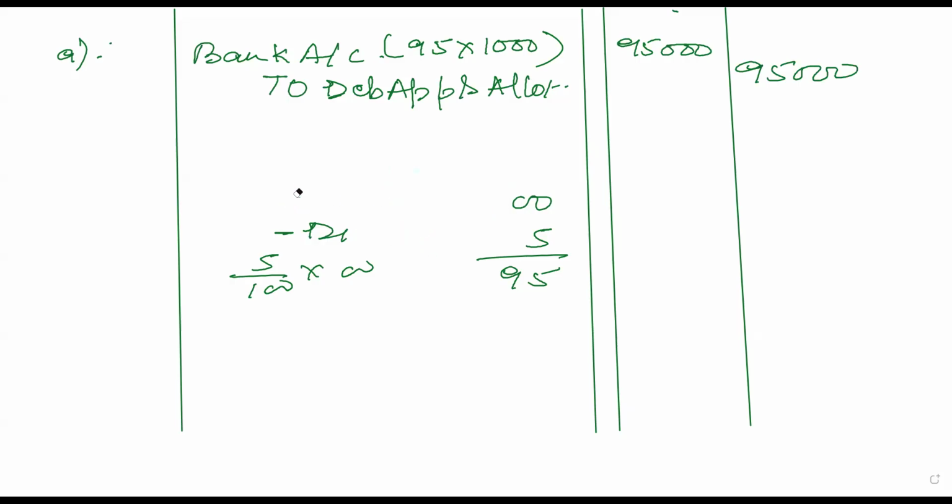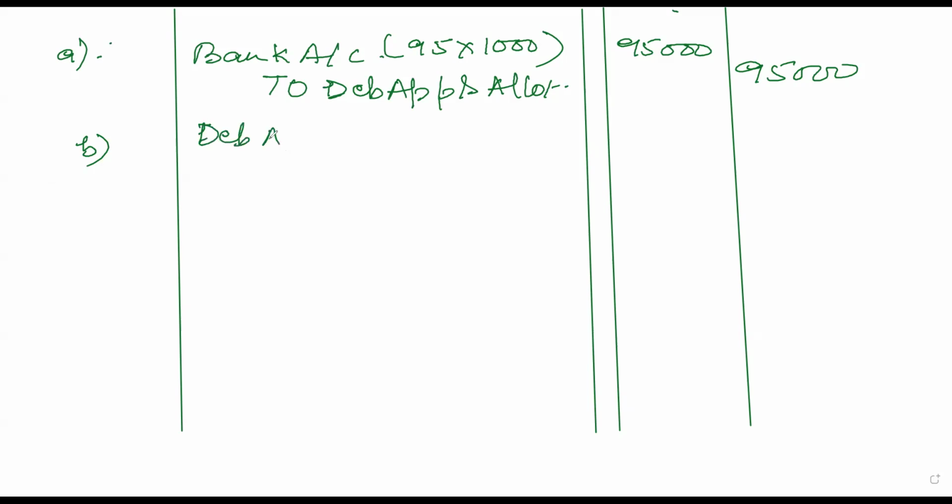Now the next entry. These are issued at discount and redeemable at premium. So the company is having a loss, because the company is issuing the debentures at less than the face value, and at the time of payment to the debenture holders, the company is paying at a premium. So the next entry will be for the transfer.